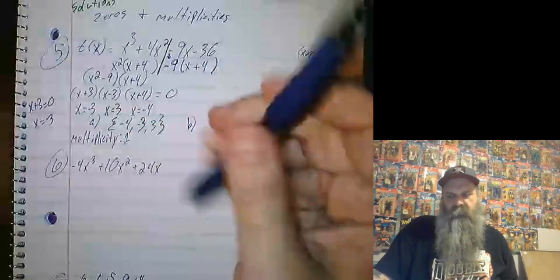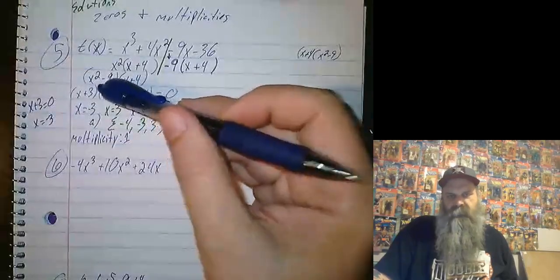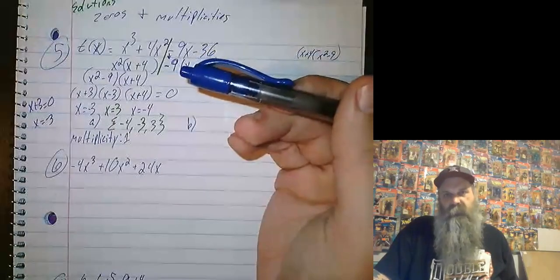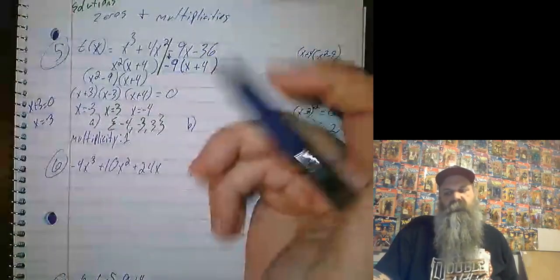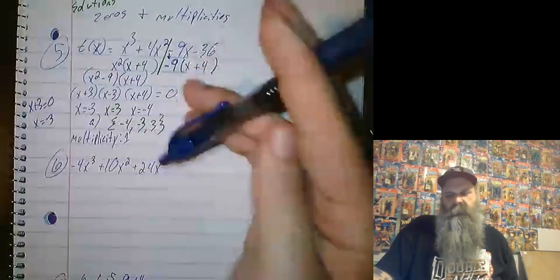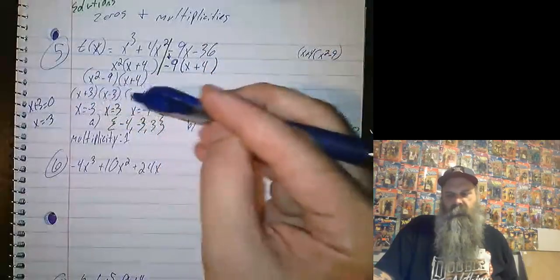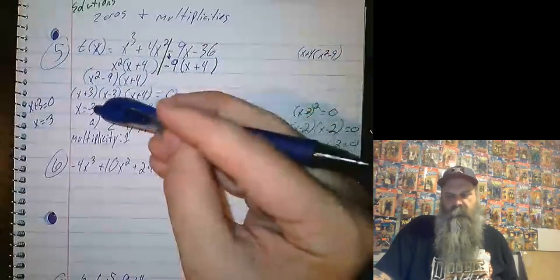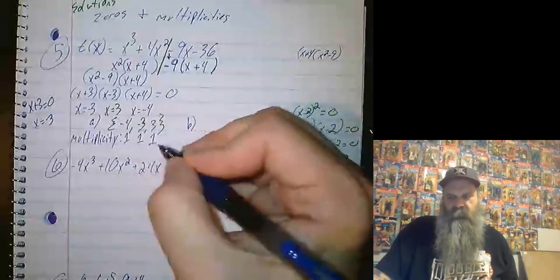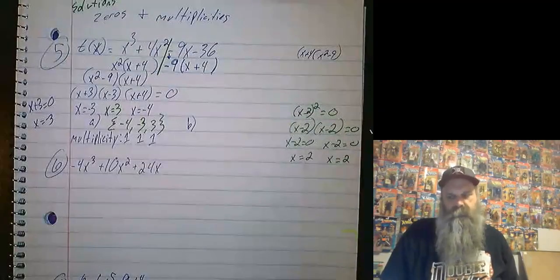If we factored and we had like a squared x plus 3, then we would have x equals negative 3 as a 0 with a multiplicity of 2. But here, these are all to the first power, so we just have our 3 solutions, and they each have a multiplicity of 1.